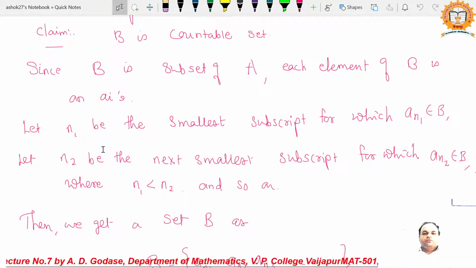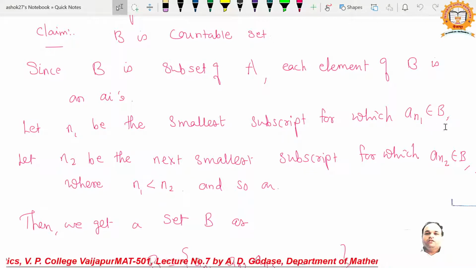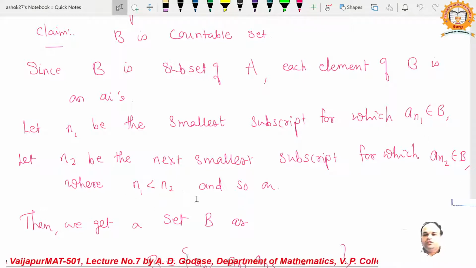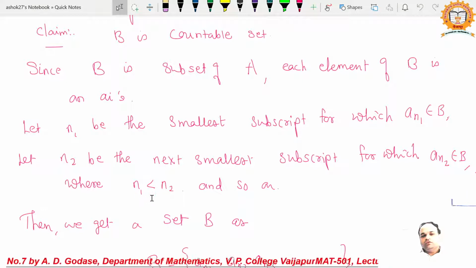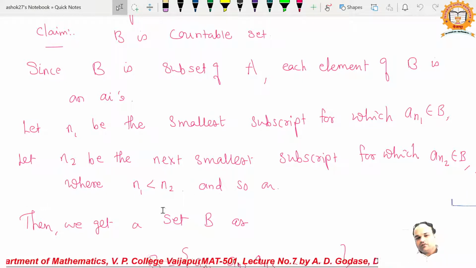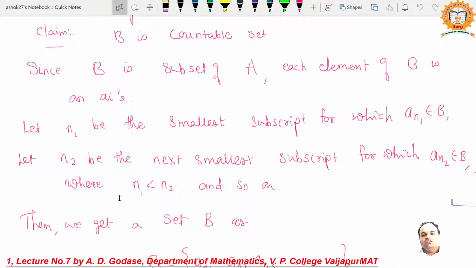So let us suppose small n1 is the smallest subscript for which a_n1 is an element of B. Next, the smallest subscript we take is n2, for which a_n2 is an element of B, and here n1 is less than n2. So n1 is the smallest among all, n2 is the next smallest, and n3 will be the next smallest, greater than n1 and n2.